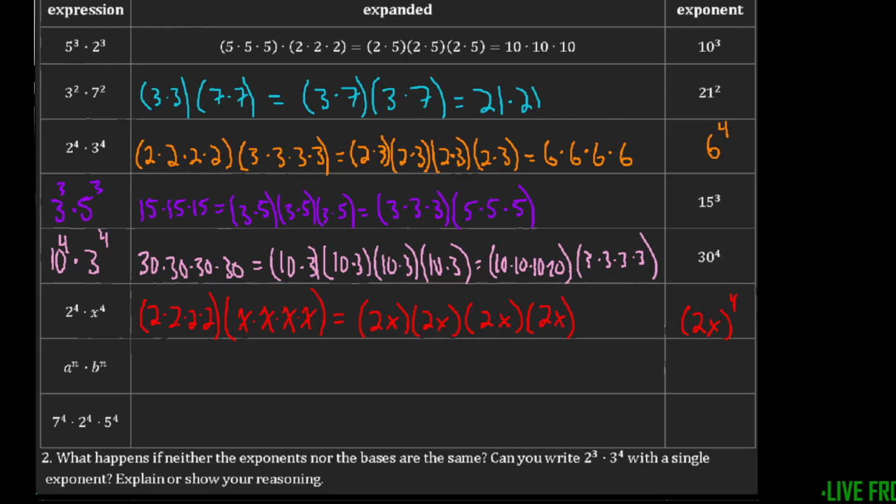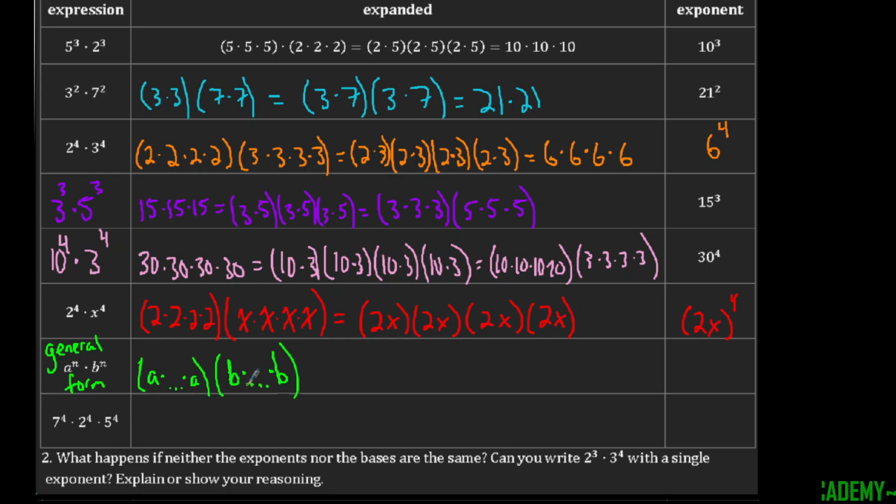And so let's now do, in green, let's say this is the general form. So what we're going to say is like this. We have a times, and then dot, dot, dot. And we have b times, dot, dot, dot, like that.